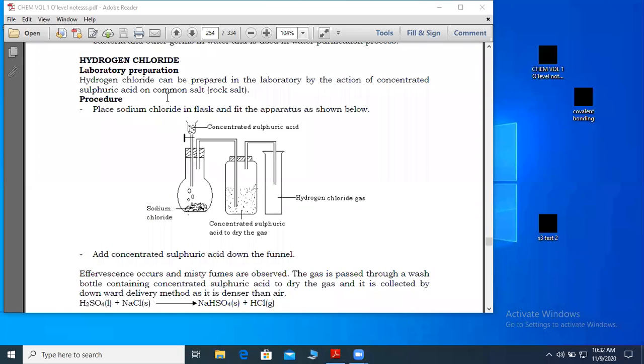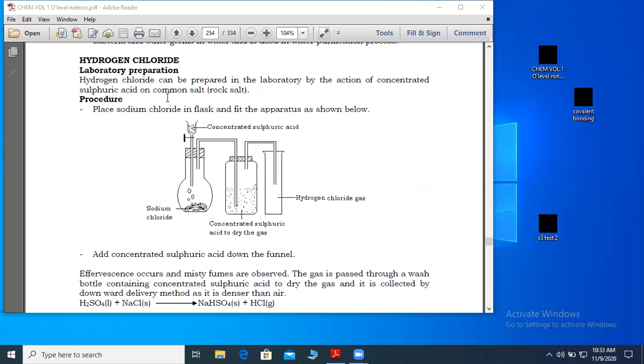The first thing you should know is hydrogen chloride gas is acidic. Yes, it can be formed by direct combination of hydrogen and chlorine, and you form hydrogen chloride gas. That is by burning hydrogen in chlorine gas. But in the laboratory, we don't use that method.